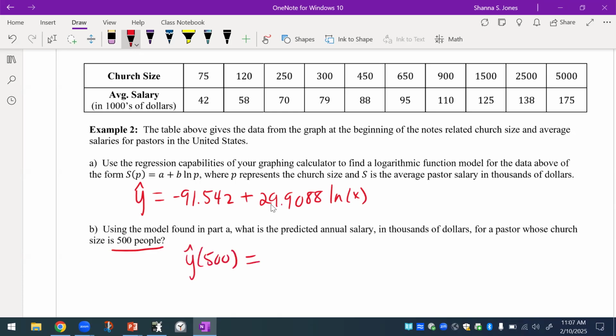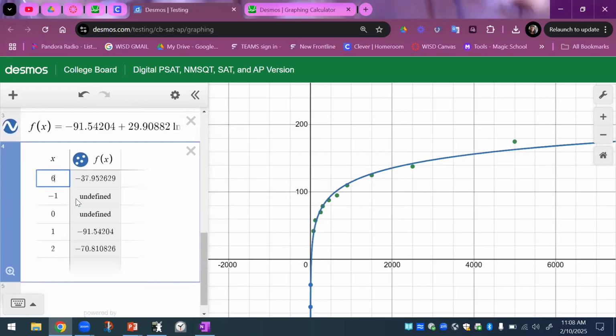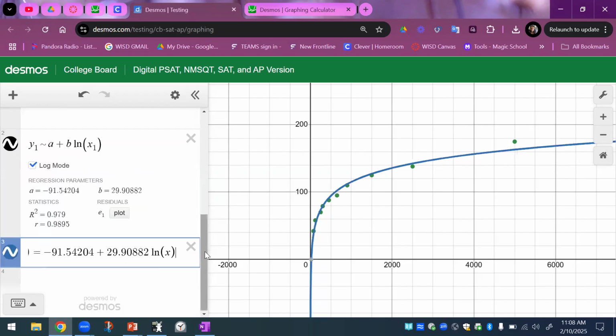Okay, I can now go to my table on Desmos and pull that up, right? If I go back here, because I've already put in my function, I can now type in 500, and my estimated salary is... to get the table. So you remember where we copied and pasted and created our model?